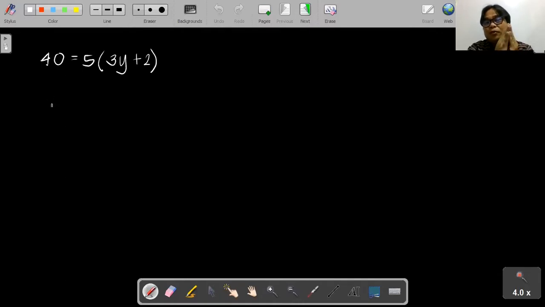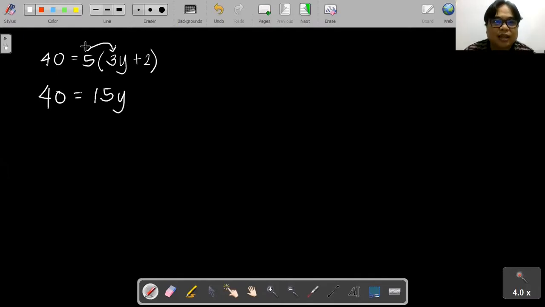To do that, we have to distribute the 5. The 5 here is actually multiplied to the entire term. So you distribute, multiply 5 to what? To 3y. 5 times 3y, you get 15y.